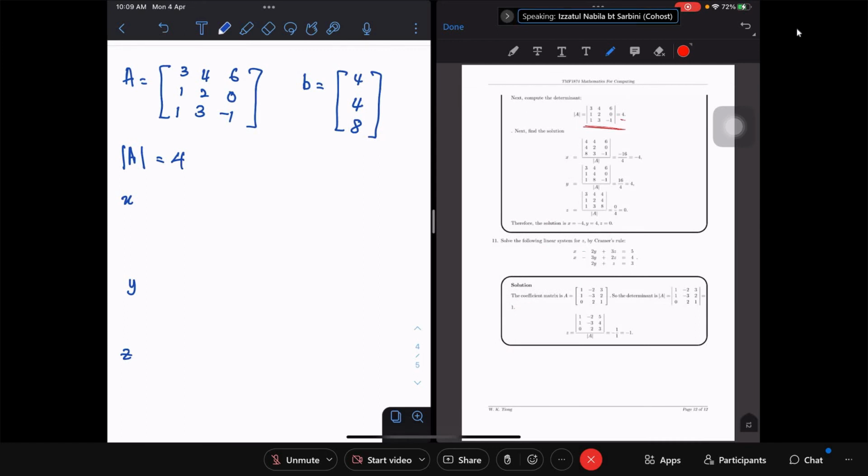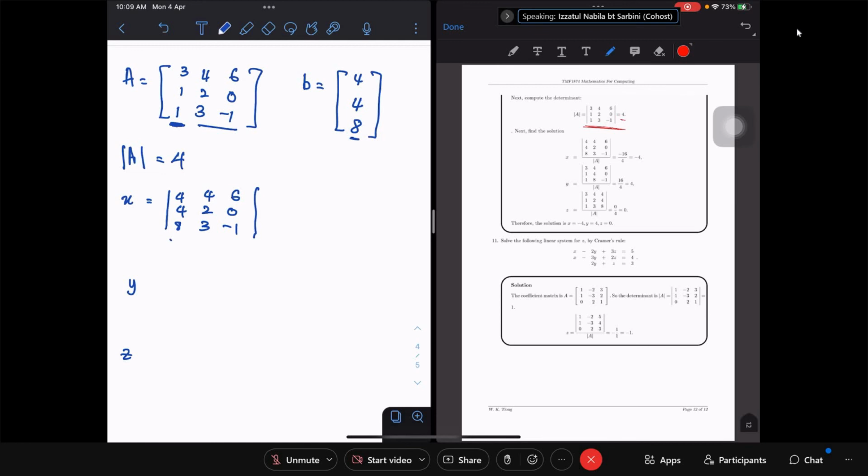So to find X, you have to change the first column with matrix B, because X is the first variable. So the first column here changes to matrix B: 4, 4, 8. And the other columns just follow matrix A: 4, 2, 3, 6, 0, -1.